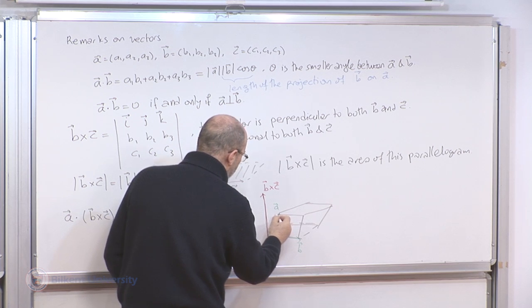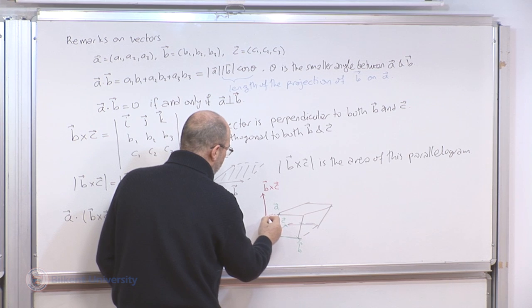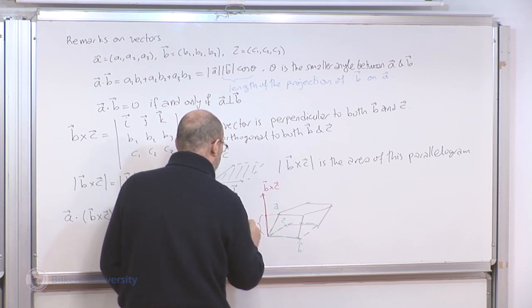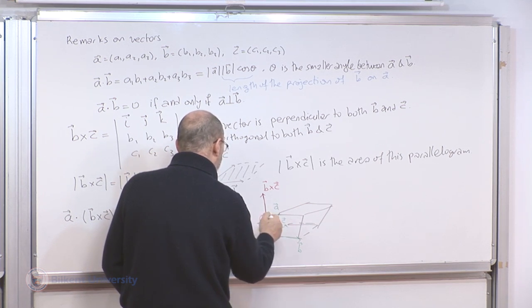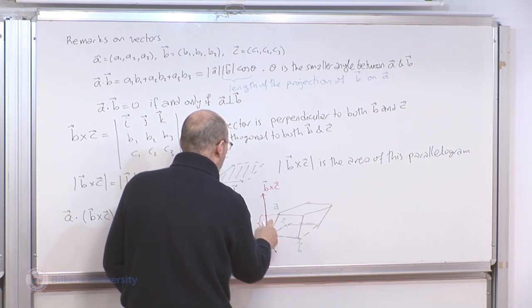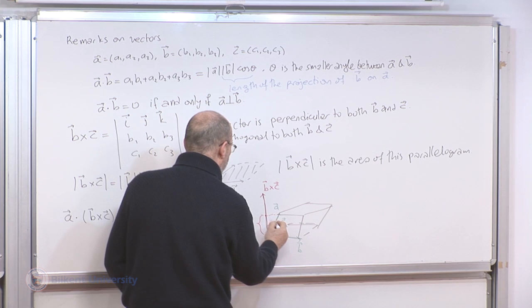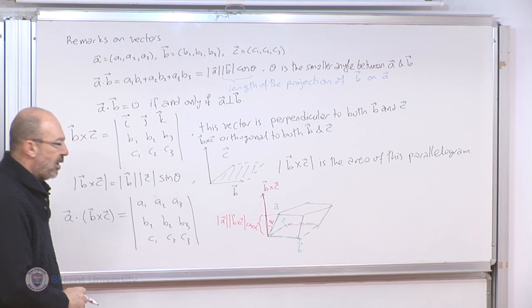So this part is the height. This is the projection of A, so this is A cosine theta. If this angle is, let's give it a different name, alpha, then this is length of A times length of B cross C times cosine alpha. So that's the height.